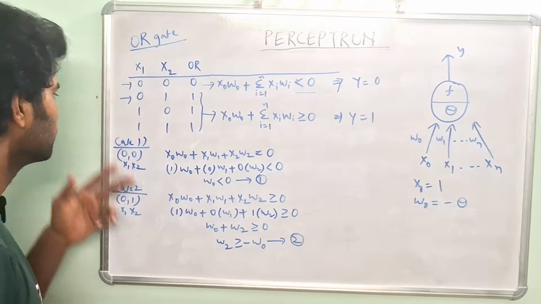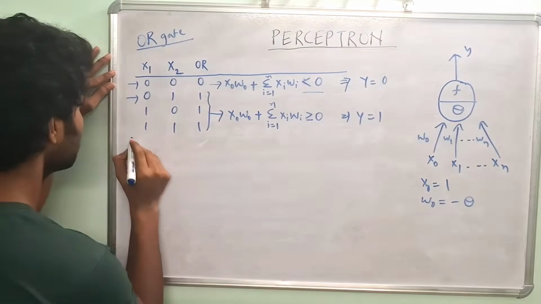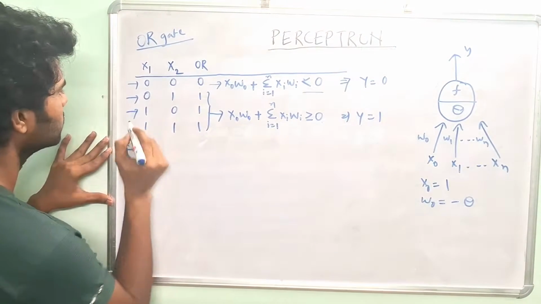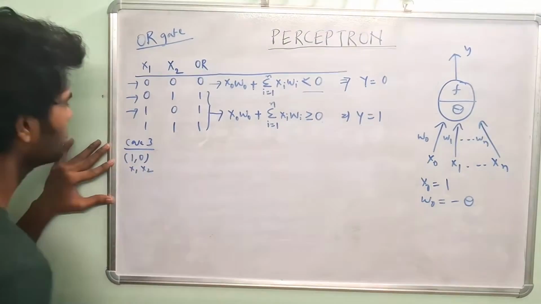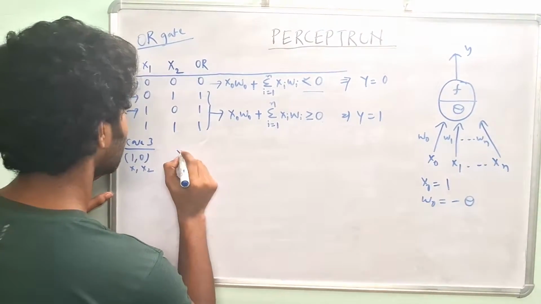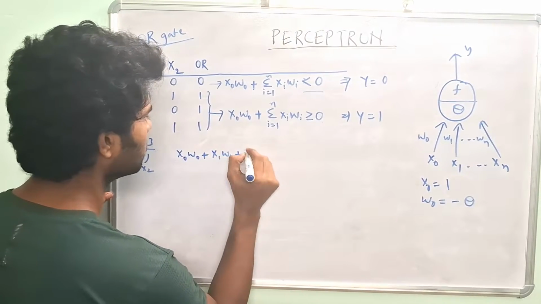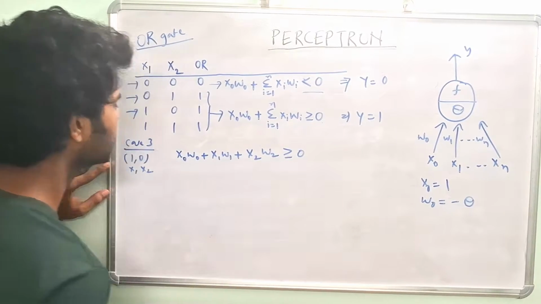And also we will solve the remaining two cases. So in case 3, I am using this input 1 comma 0, x1 x2. x0 w0 + x1 w1 + x2 w2 ≥ 0.